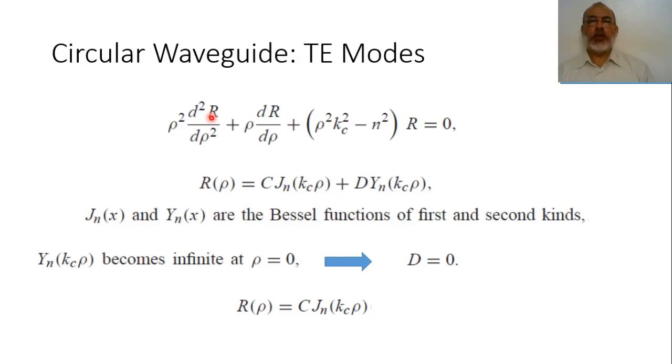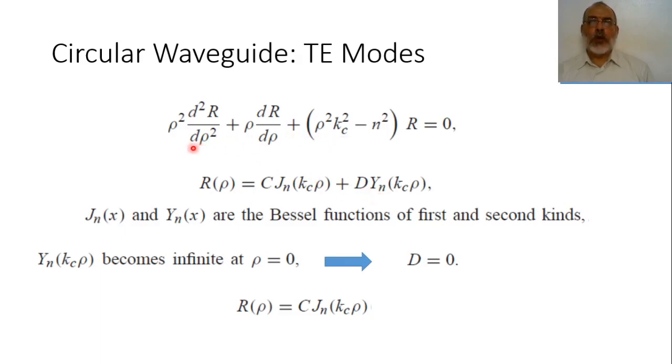These two different solutions are the Bessel function of the first kind, Jn of kc rho, and Yn of kc rho. This is the Bessel function of first kind, Jn, and this is the Bessel function of second kind, Yn.